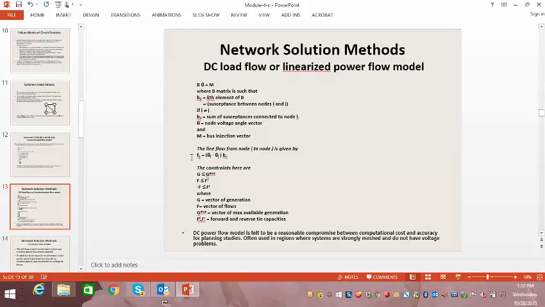So the flow in any line is given by the difference in the angles multiplied by the susceptance of the line between node I and J. Then of course you have to follow the constraints for generation and for the transmission capacities.